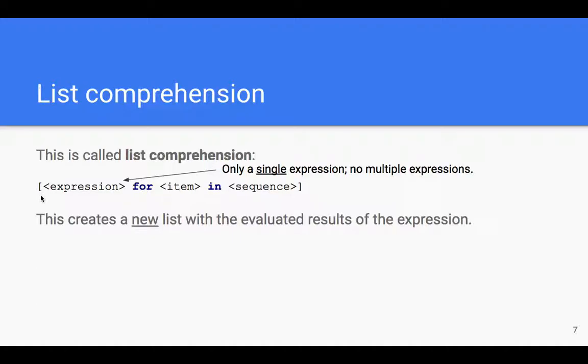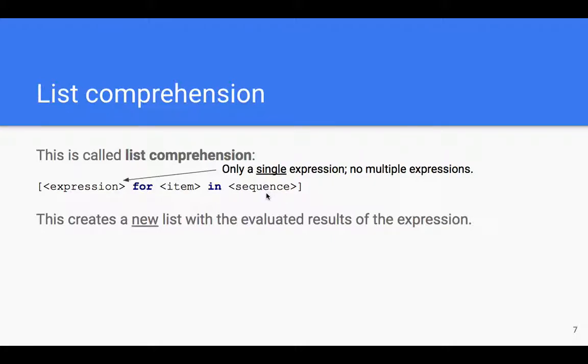You start with the square bracket, as you would to create a list, and then the first thing inside the square bracket is the expression that you want to evaluate. The second part is which element, in what sequence.